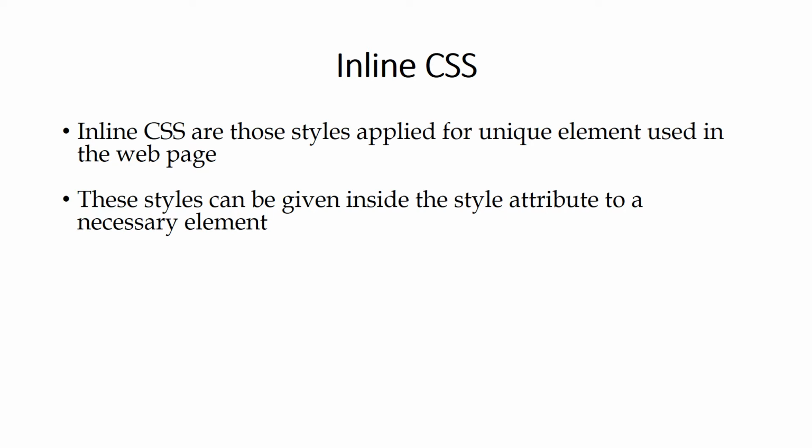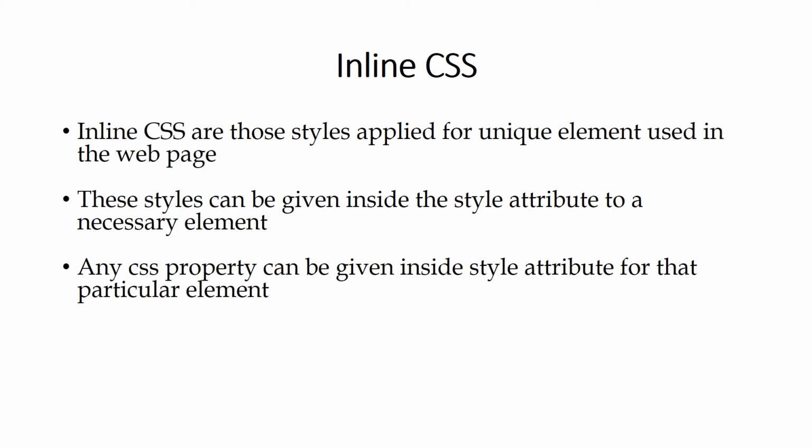So for that particular span, without going for a separate rule or giving a style for that span element, we can give it inline using the style attribute, where beside the span we have style equals color red. Any CSS property can be given inside the style attribute for that particular element.